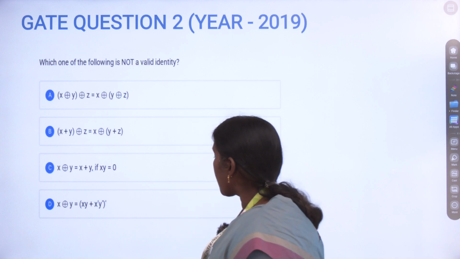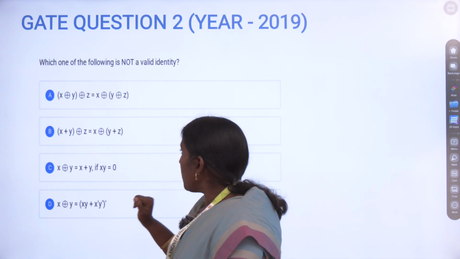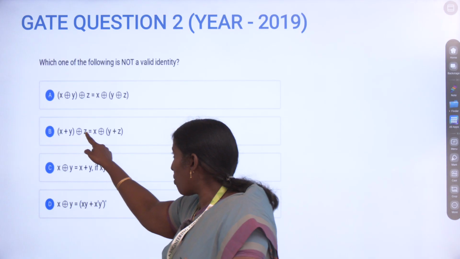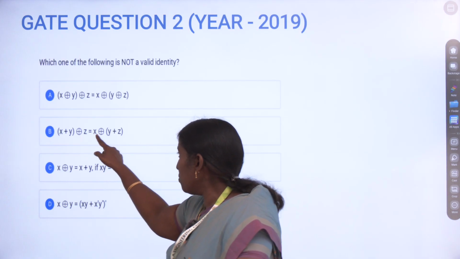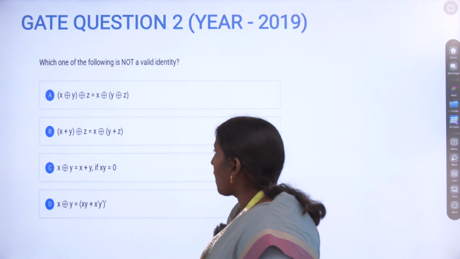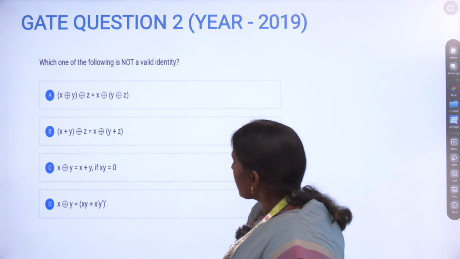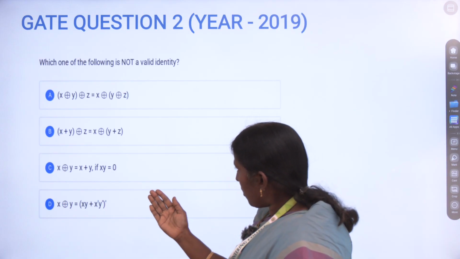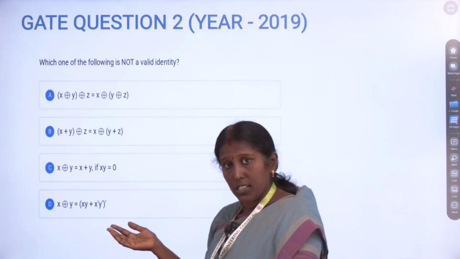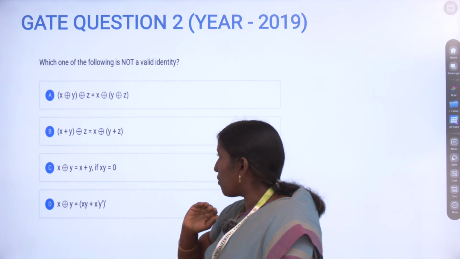Let us go with the second choice. What is the B option? The B option here given is x plus y XOR z is equal to x XOR y plus z. Here it is somewhat a replica of commutative, somewhat a replica of associative, but completely it is not satisfying the commutative law.